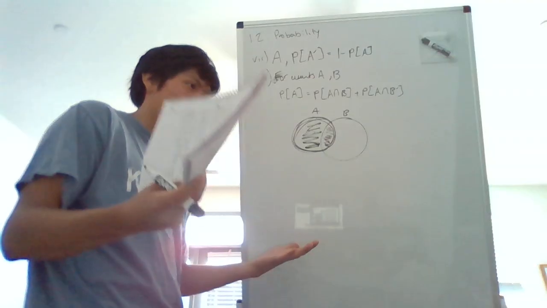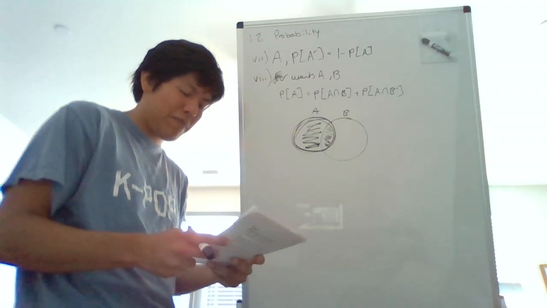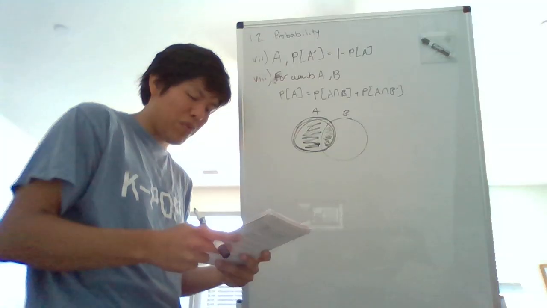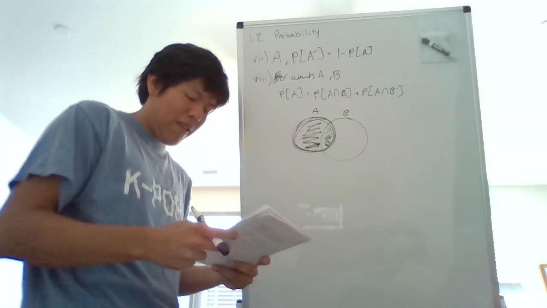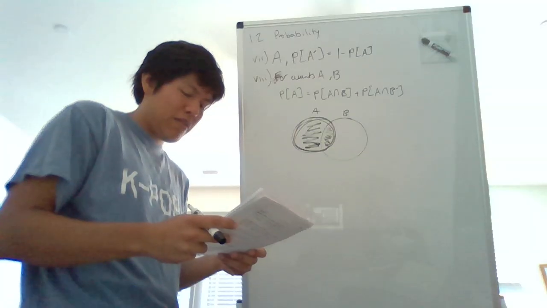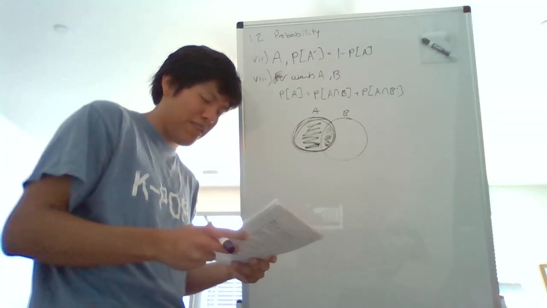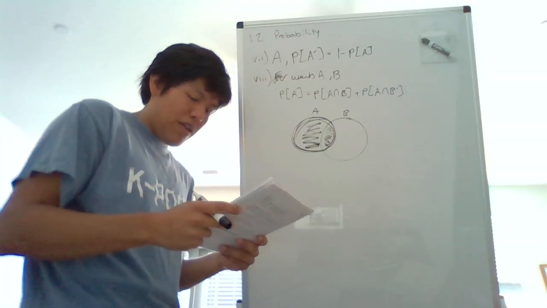If you have a 20-sided die, every face has a 1 over 20 chance of happening. I won't rewrite that either. Probability, percentage, proportion, they all mean the same thing.